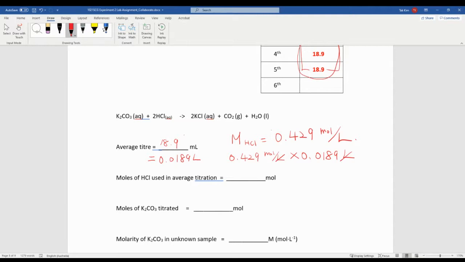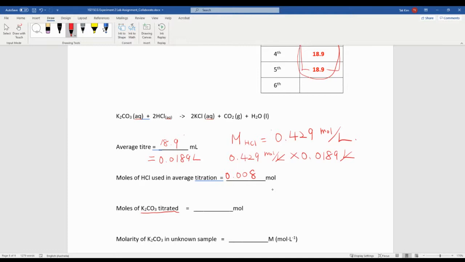Anyway, once you finish calculating this one, 0.492 times 189, I'll just round it because I have too many zeros. I have 0.008 moles, right?